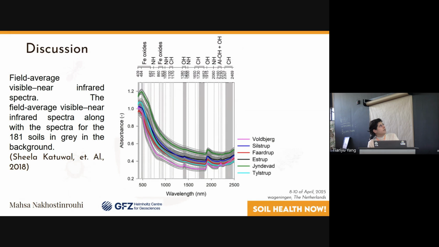And as you can see, iron oxide is determined in the visible area around 400, and aluminum hydroxide is shown as the reason of absorbance in the shortwave infrared around 2000 nanometer. So it can be somehow a good proof to the results coming from our explainable AI methods.